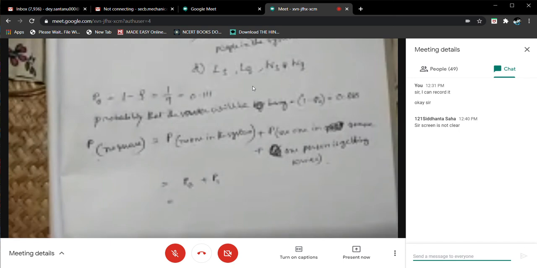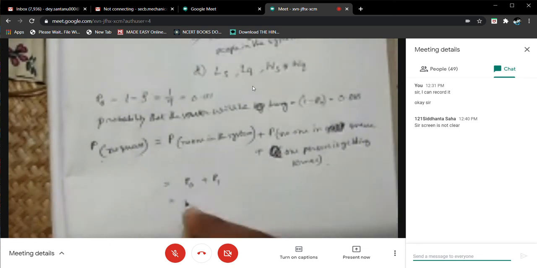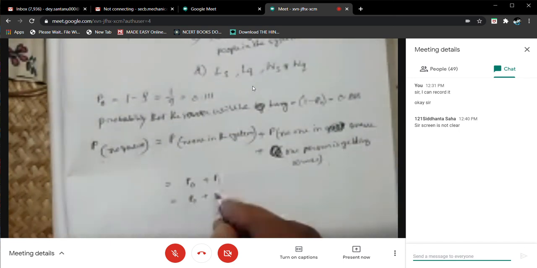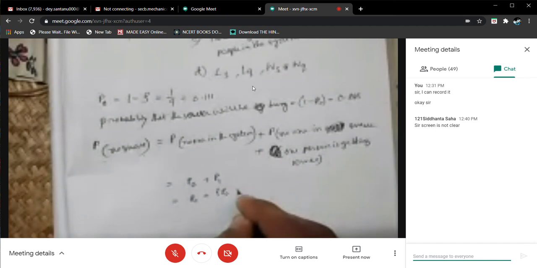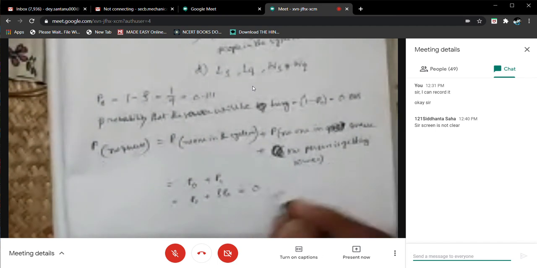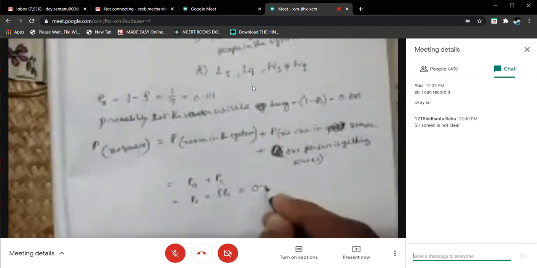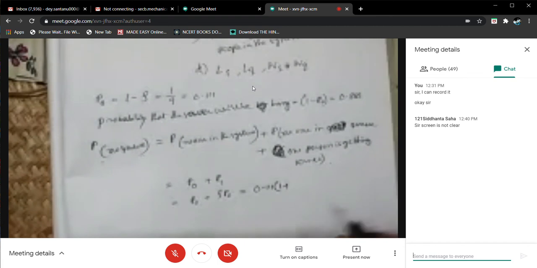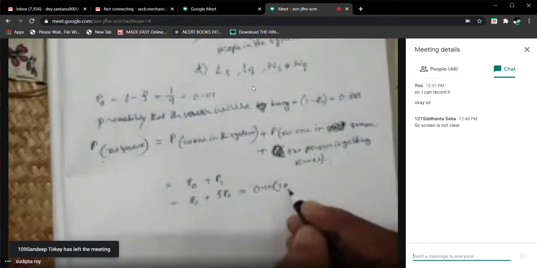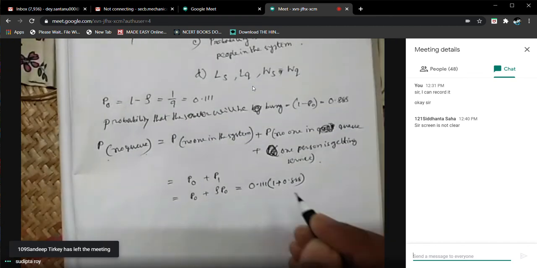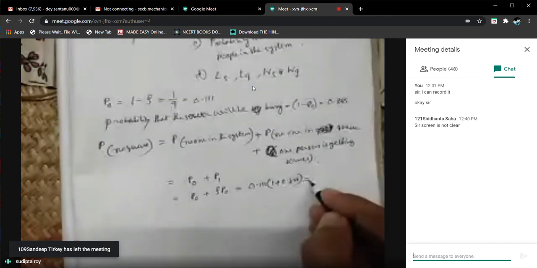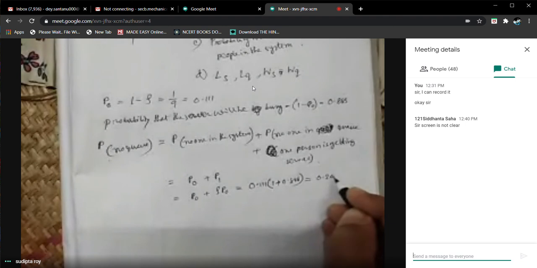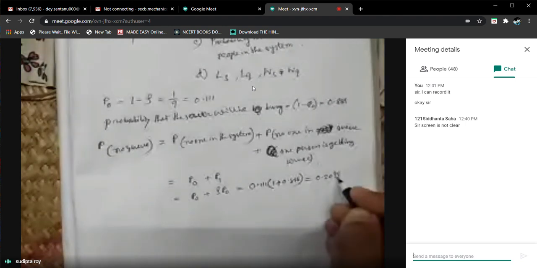Now if you join them, what will we get? P naught plus rho into P naught. So here we can take out P naught outside, put the values, and inside it is 1 plus rho. Upon simplification, we get 0.2098.